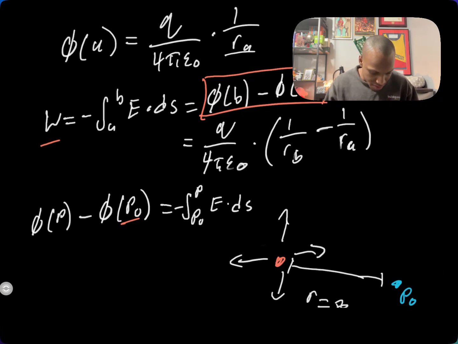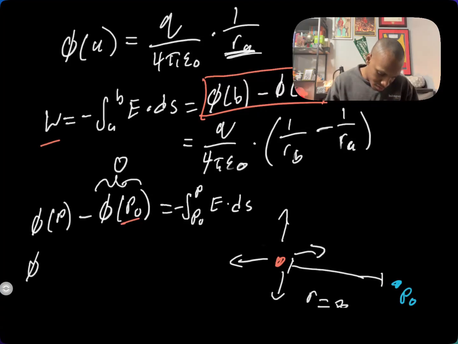Because phi is proportional to 1 over r, if r is infinity, 1 over r is just 0, which means we're multiplying this term by 0, and that just means that this term goes away.